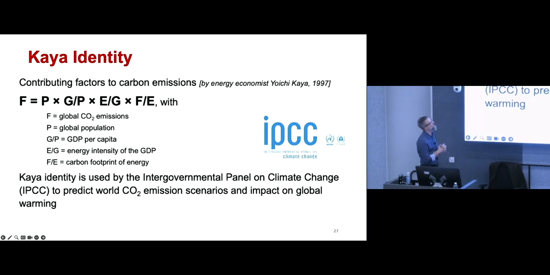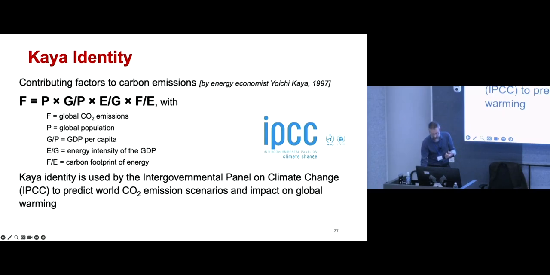The Kaya identity quantifies the global CO2 emissions of humankind and breaks it up into different factors. It's the multiplication of the population, the amount of GDP per capita, the amount of energy needed per unit of GDP, and then the carbon intensity for generating that energy.